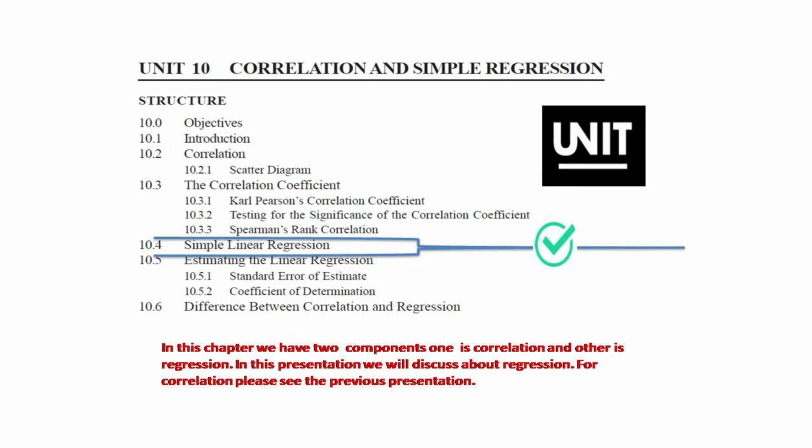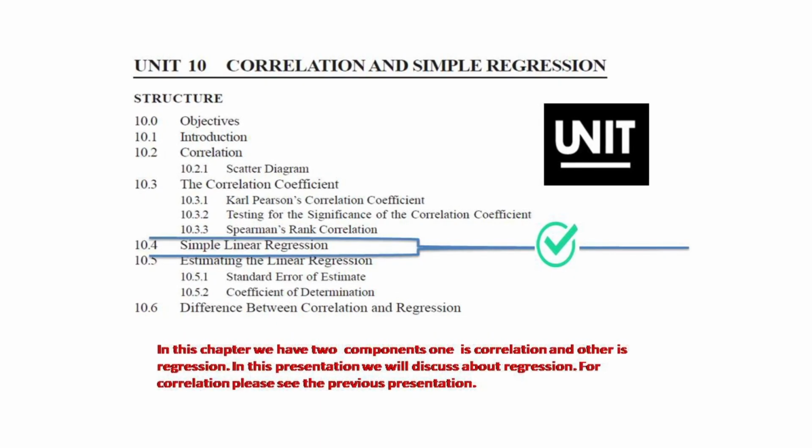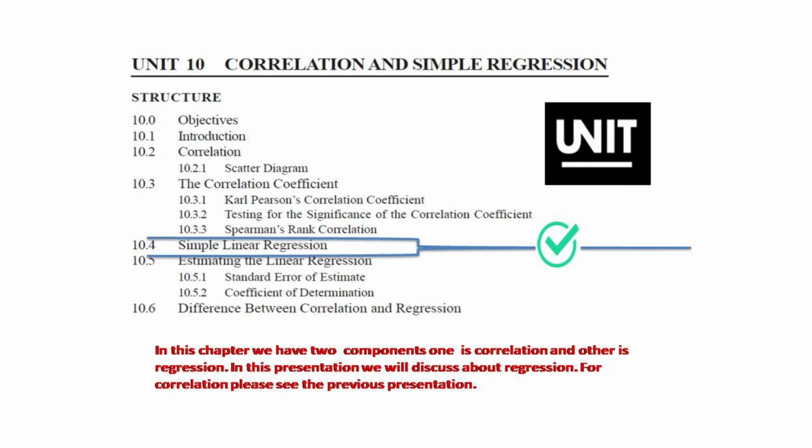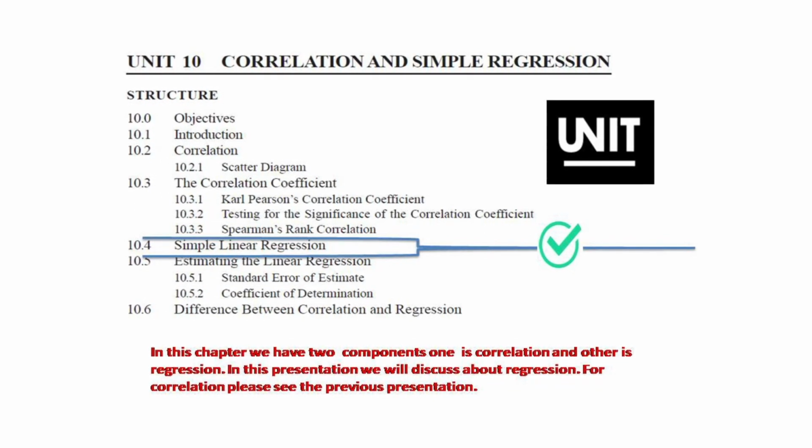We have talked about the scatter diagram, the Karl Pearson correlation coefficient, testing for the significance of the correlation coefficient, and the Spearman rank correlation. In this chapter we have two components, correlation and regression.